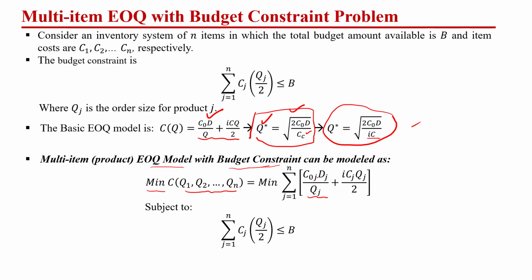This is the order cost of product j multiplied by the annual demand of product j divided by the quantity of product j, plus the carrying cost of product j multiplied by Qj divided by 2. This is the total cost across all products which we would like to minimize, subject to the budget constraint.